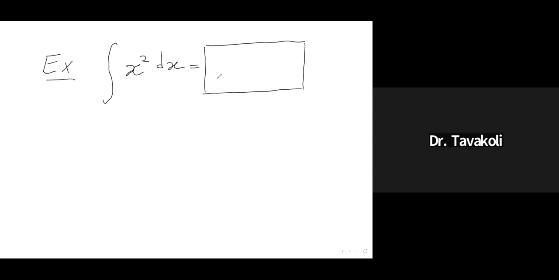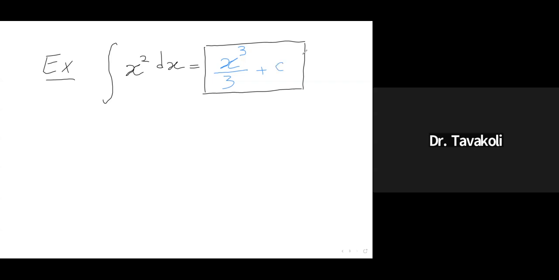So as you know, to find this, we use the power rule of the integrals. The antiderivative, or the indefinite integral, of x squared is x to the power of 2 plus 1, which is 3, over 3, and then plus c.